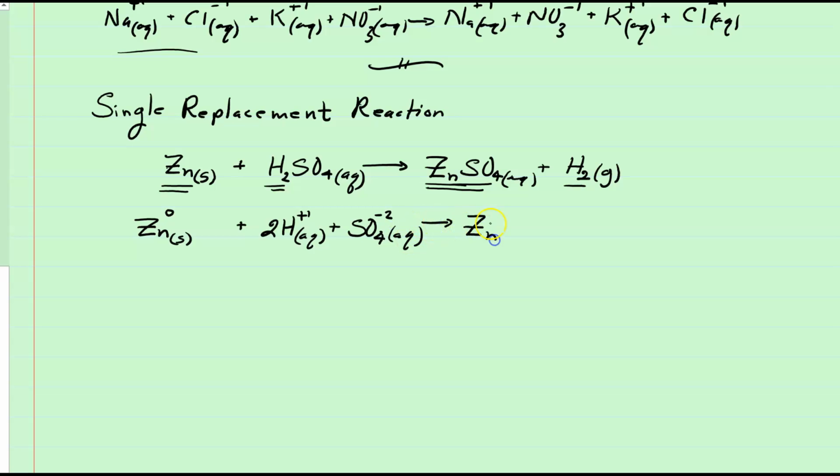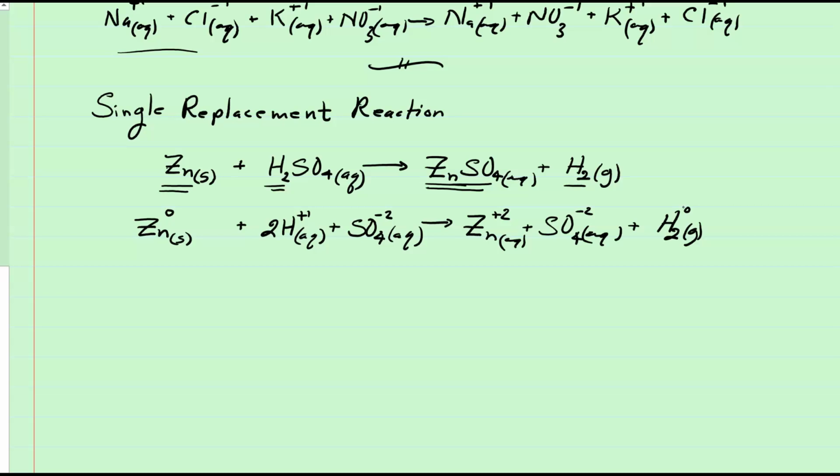So we have zinc plus 2 ions here in aqueous solution, plus sulfate ions in aqueous solution, plus hydrogen as a gas, which does not have a charge.